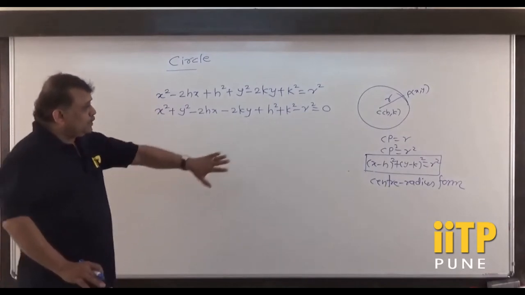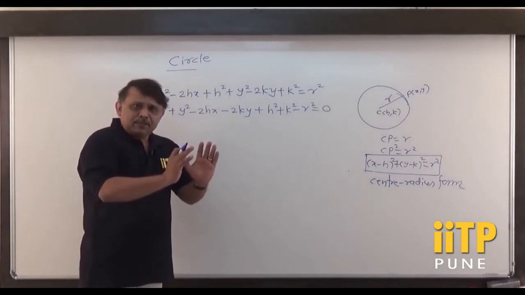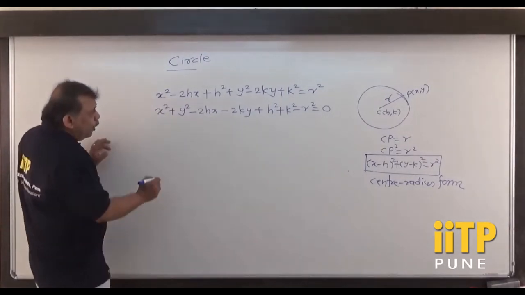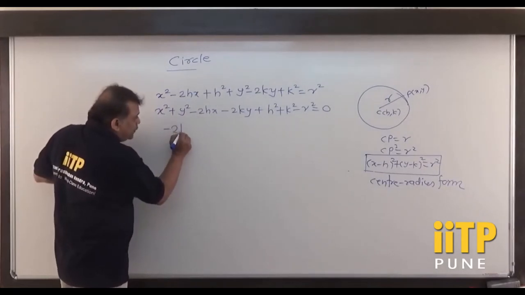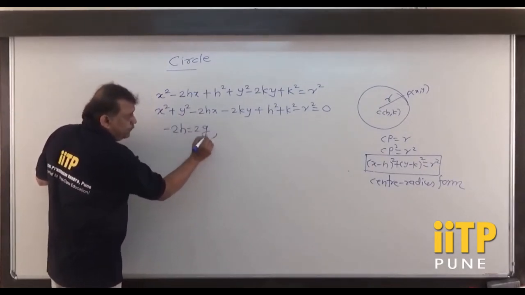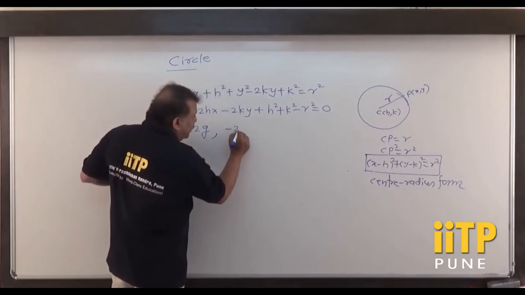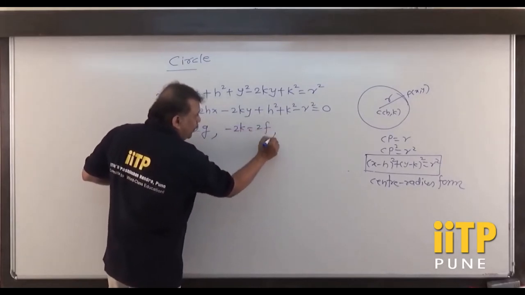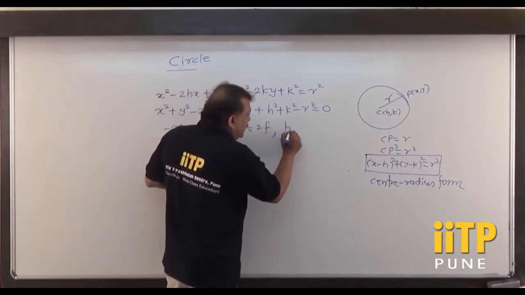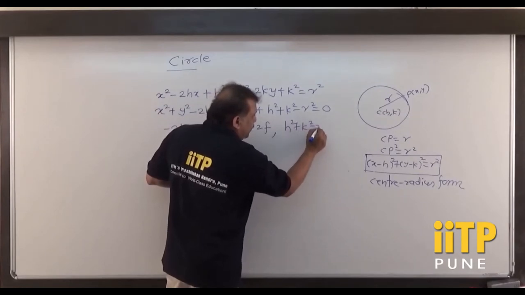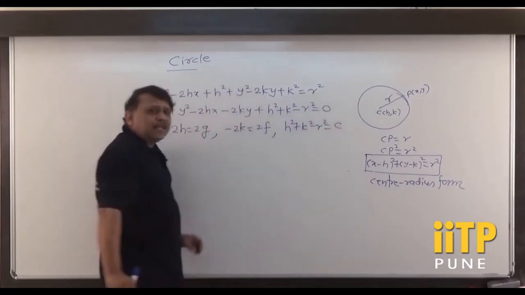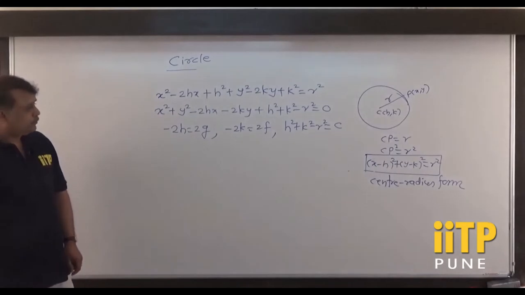I want to write this equation in some general form. Let me call minus 2h equal to 2g, minus 2k equal to 2f, and this constant h square plus k square minus r square is some constant c.